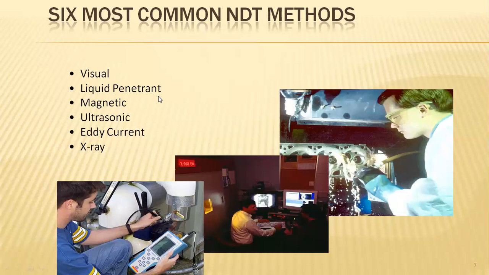Depending upon the type of material, we utilize acidic solutions or basic solutions.